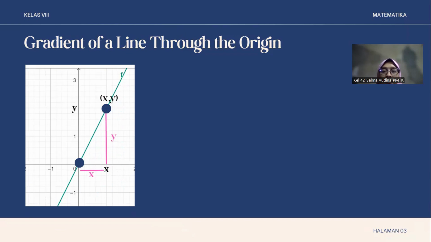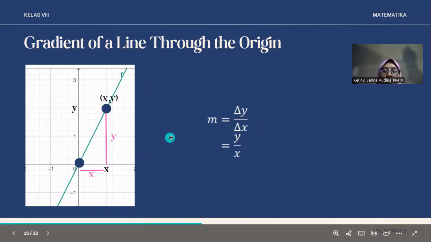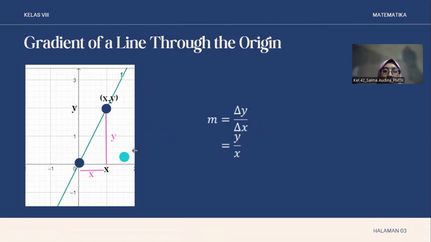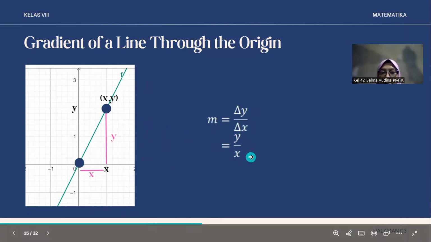So, the formula when a line goes through the origin is m equal to vertical distance or delta y divided by horizontal distance or delta x, equal to, in here we know that the vertical distance is y, so we can write here y divided by the horizontal distance, which is x.